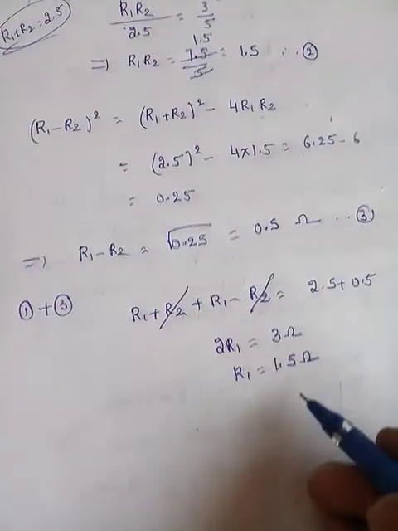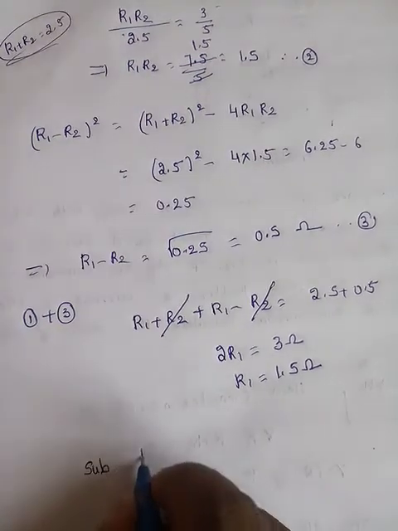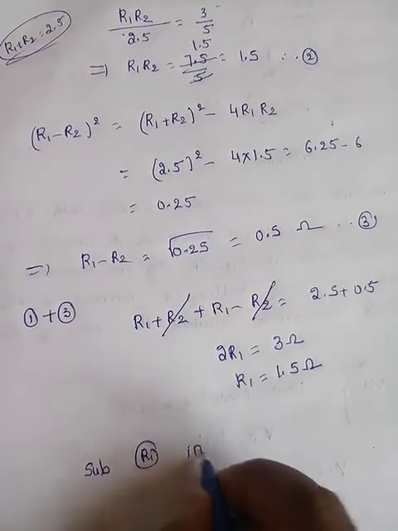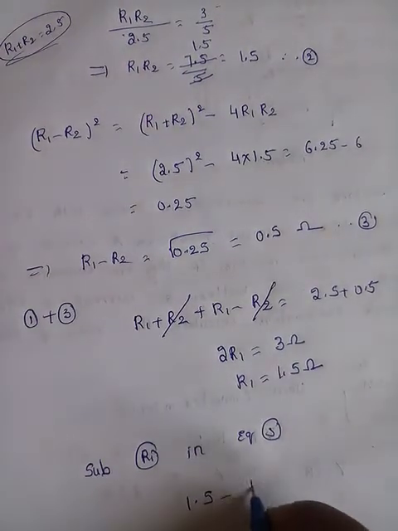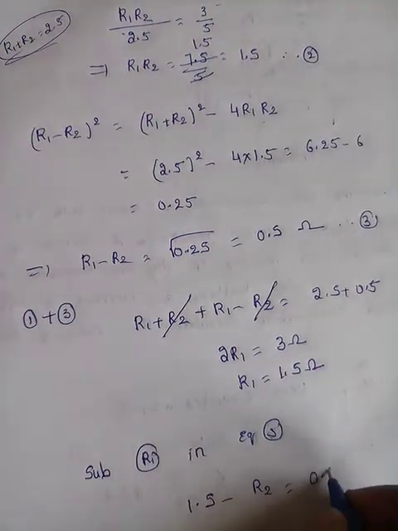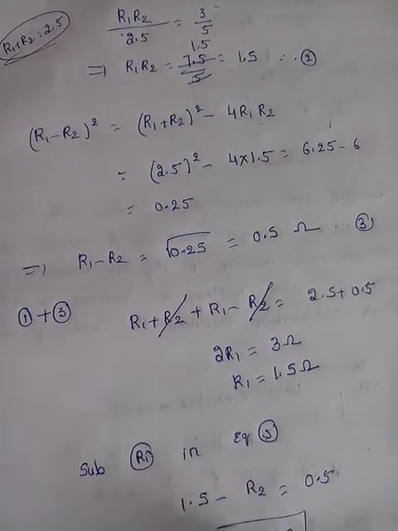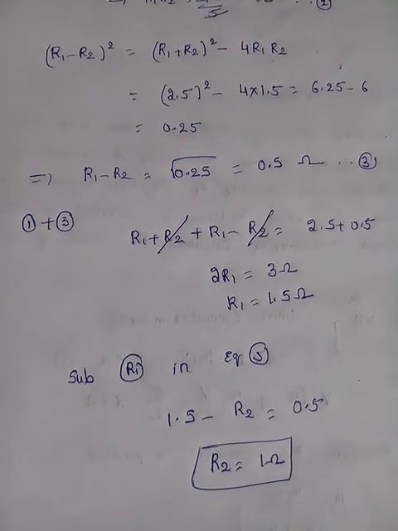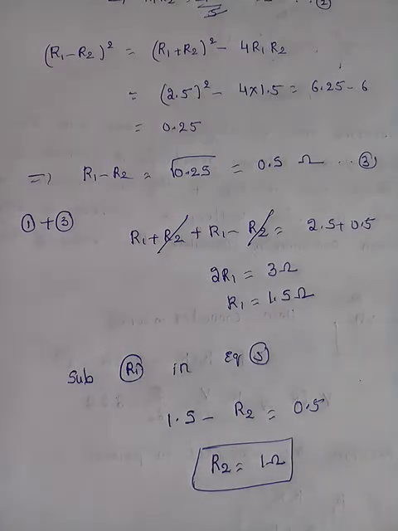Next, you can substitute this value in R1 plus R2 or R1 minus R2. What do you get substituting R1 in equation number 3? 1.5 minus R2 equals 0.5, that implies R2 equals 1 ohm. So, finally, we got the individual resistances. R1 is 1.5 ohms, R2 is 1 ohm.